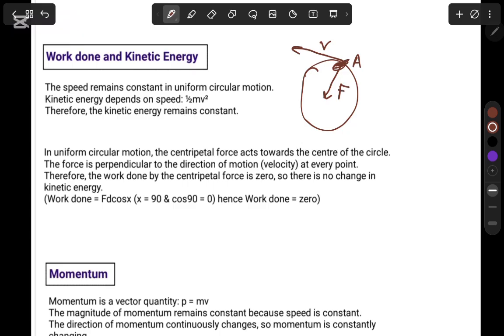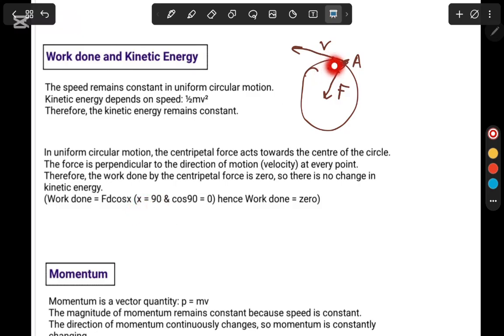So at every point we take on the circle, the force will always be perpendicular to the direction of motion. Okay, and if they are perpendicular, that means the work done is 0. So there is no change in the kinetic energy as well. That's evident because the kinetic energy is constant. Okay, and then the work done is F d cos theta.